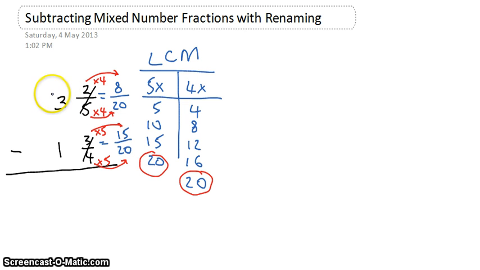No, so I need to rename. I need to take one of my wholes and turn it into 20ths in my top fraction. If I take one whole from here and turn my whole into 20ths, I'm going to have 20 20ths with that whole.